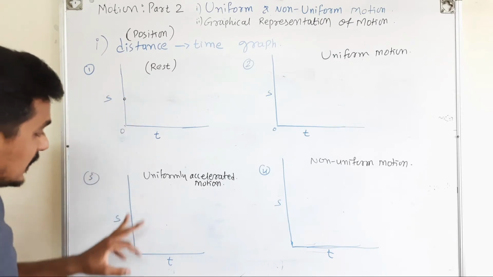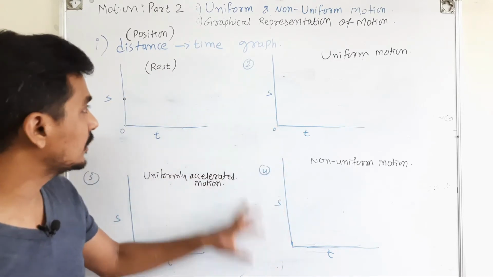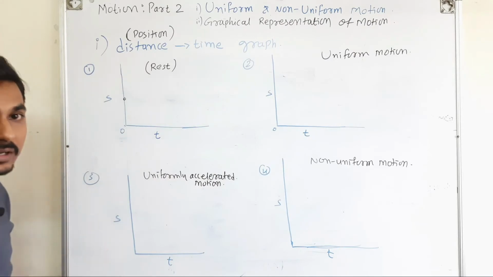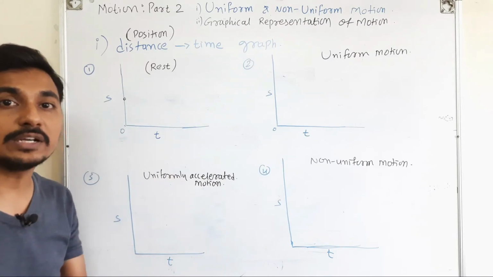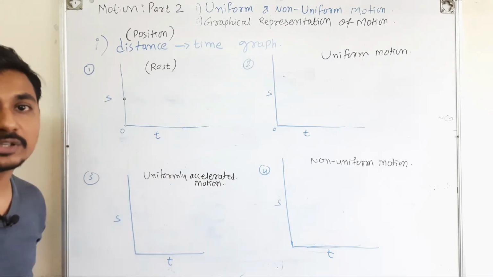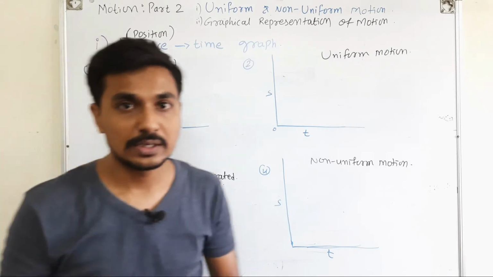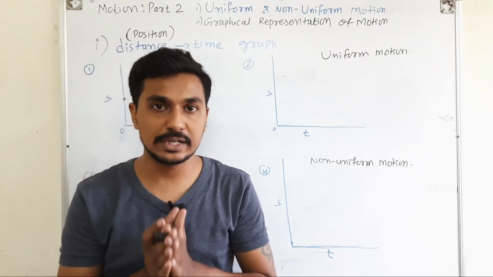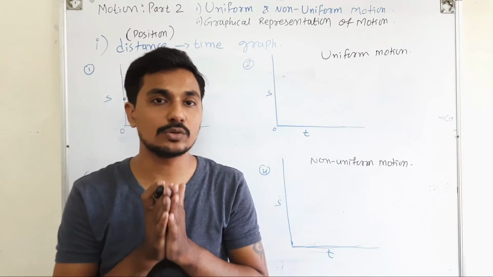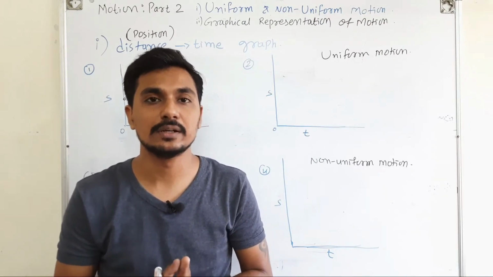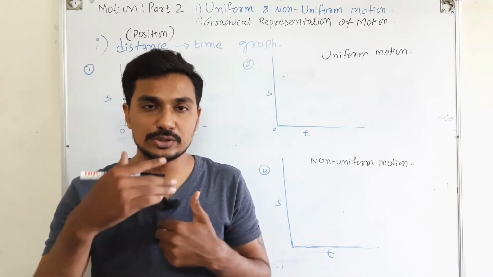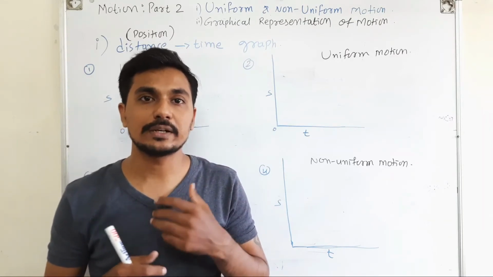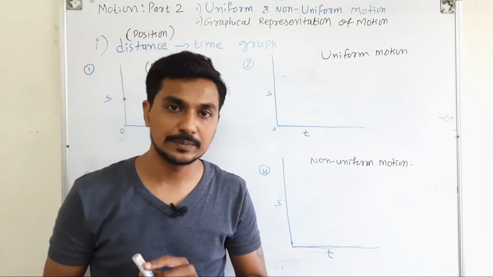Here all the position-time or distance-time graphs are given. Now we will try to study different types of motions graphically. Suppose I am here steady, I am just not moving, I am standing here, and suppose you are standing in front of me at a distance of 5 meters.